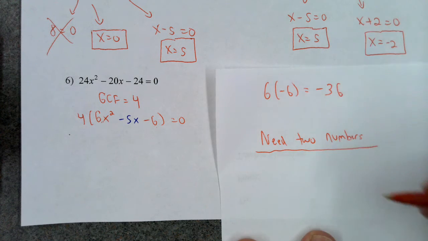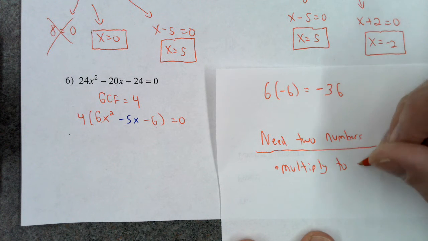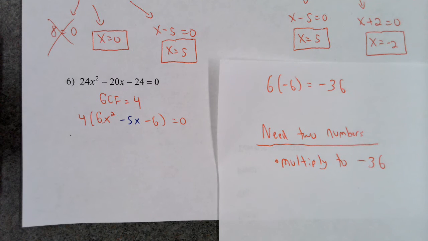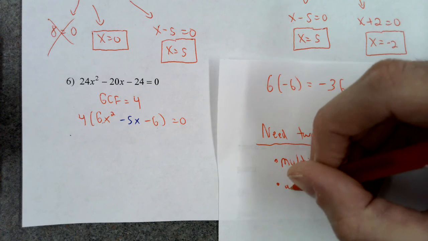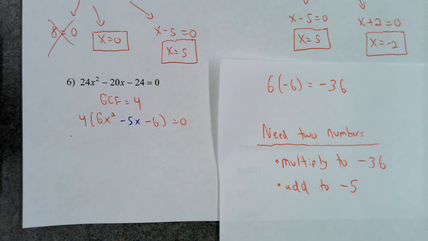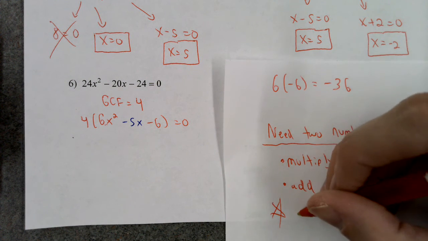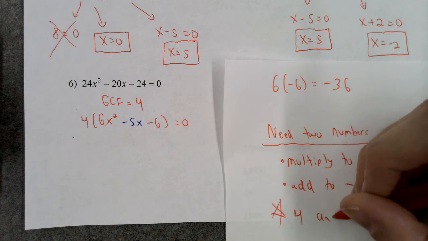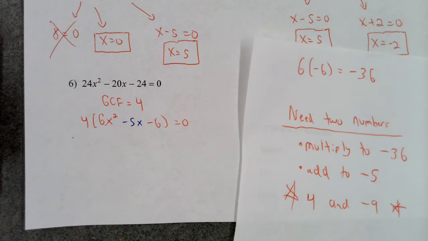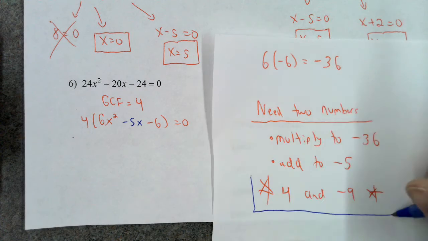They must multiply to that negative 36, and they have to add to this number right there. They have to add to negative 5. So you got to think about what those numbers are. It's going to be 4 and negative 9. Okay, that's the pair you want.